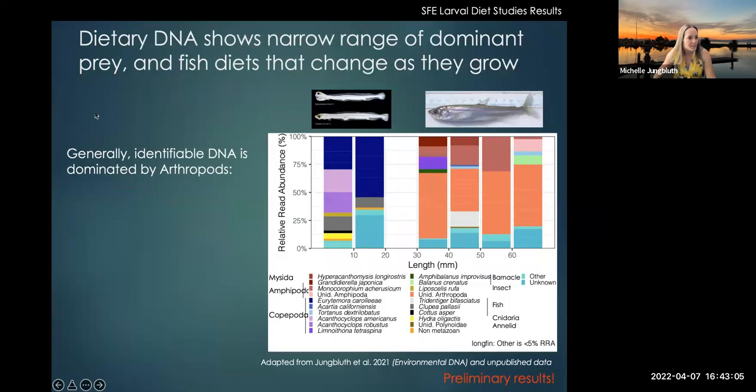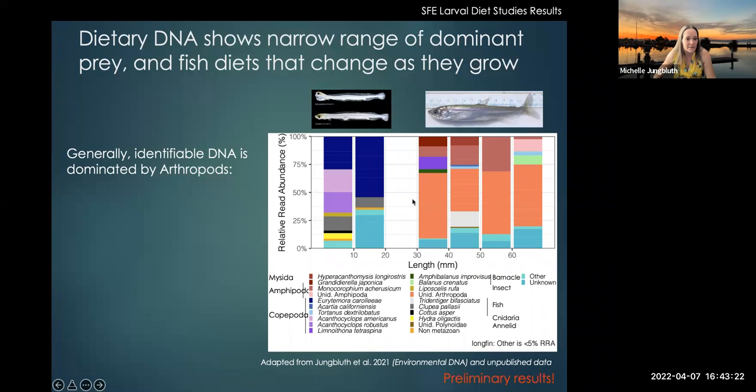So what did I find? This is a summary of how the prey changes over development for longfin smelt. There's a little bit of data from Jungbluth 2021 and some unpublished data on juveniles.